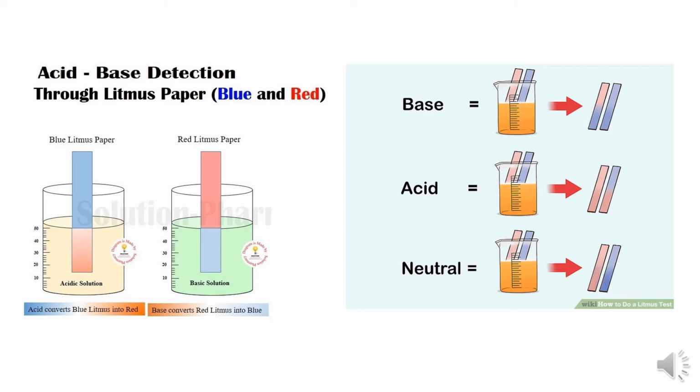And if red litmus paper turns blue in color and blue litmus paper is unchanged, we can say this solution is an alkaline solution. And if both litmus papers are unchanged, then we can say this solution is a neutral solution. In your practical notebook, you should draw this type of image with pencil.